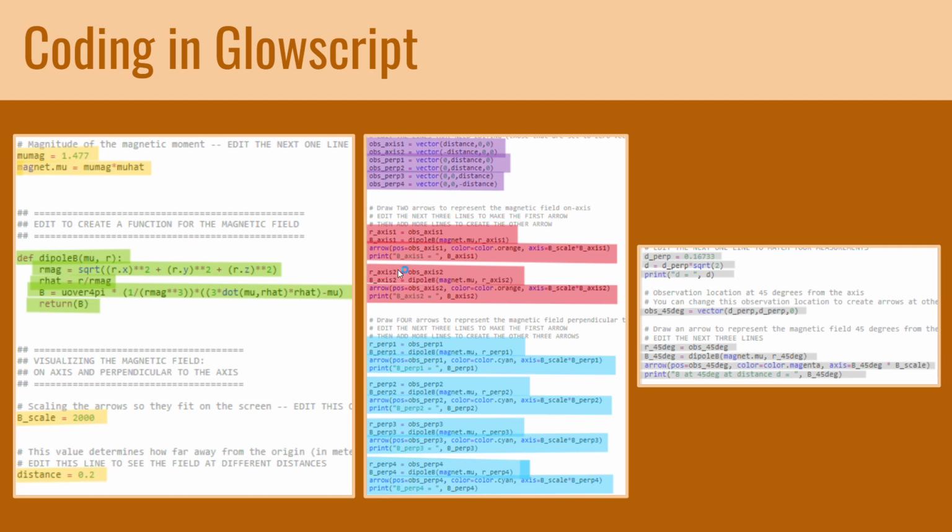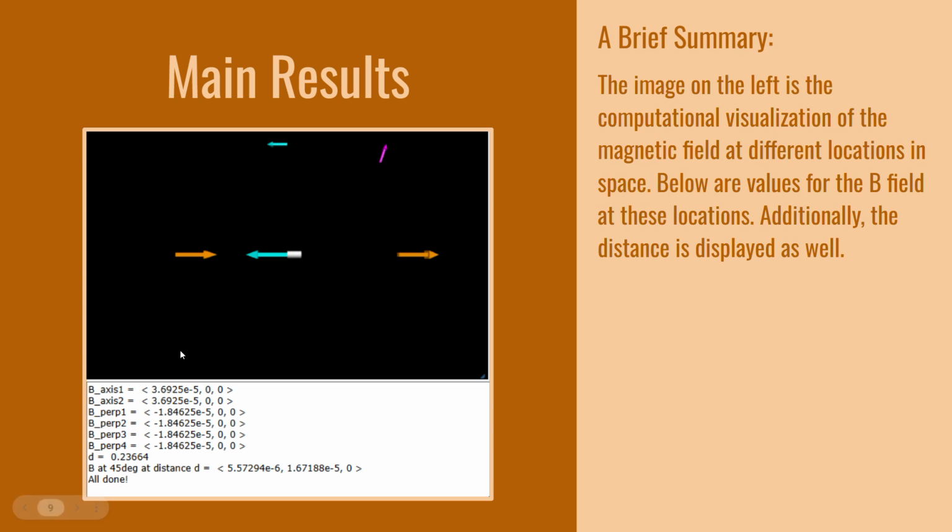Red are some of those arrows, and then blue is more of the arrows. These are different locations. And then the gray over here is a lot of the outputs, and we have our 45-degree arrow there. For the main results, you can see the values right here of all of the on and off axis arrows, the 45-degree and the distance. And we'll get into the numbers on the next slide here.